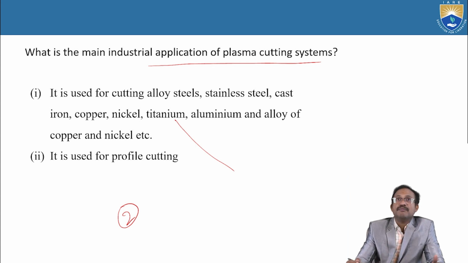So we have to machine titanium, though it has high hardness, and for that we use plasma arc machining or plasma cutting systems. Aluminum and copper are soft materials, but we can use plasma cutting systems for them as well.